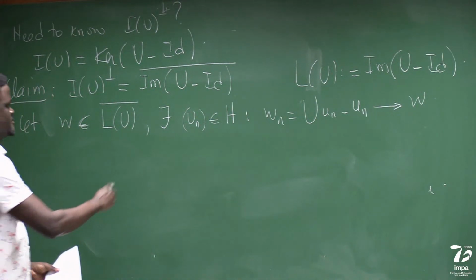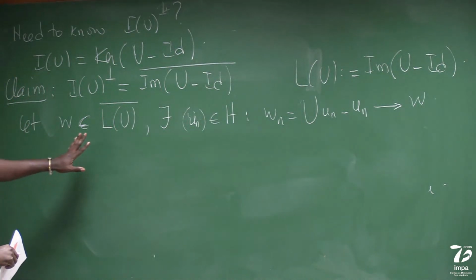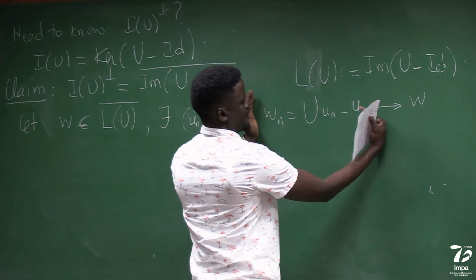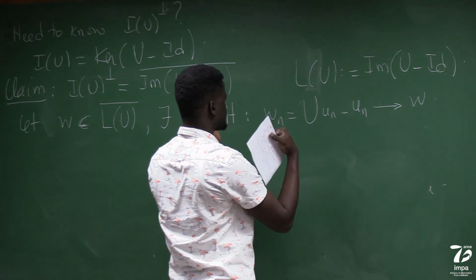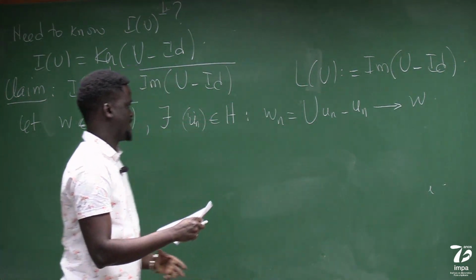This is just the definition of the closure: you have a sequence in this space that is converging to the point.